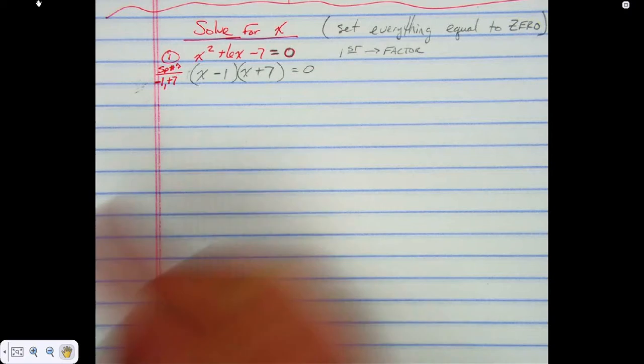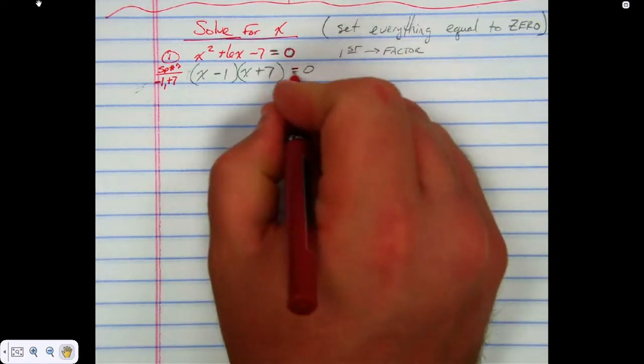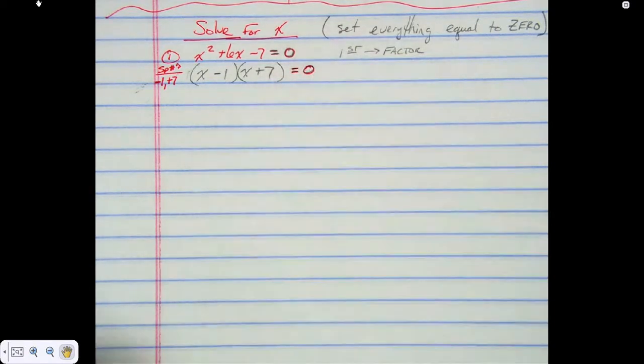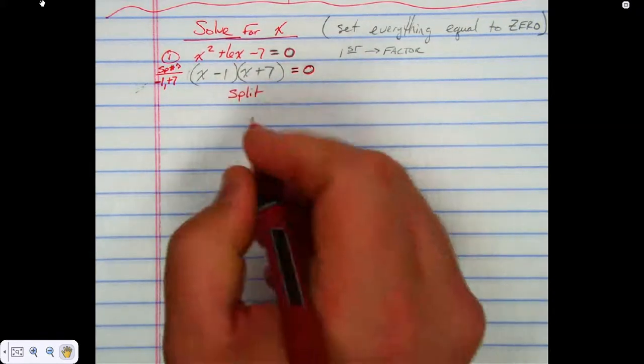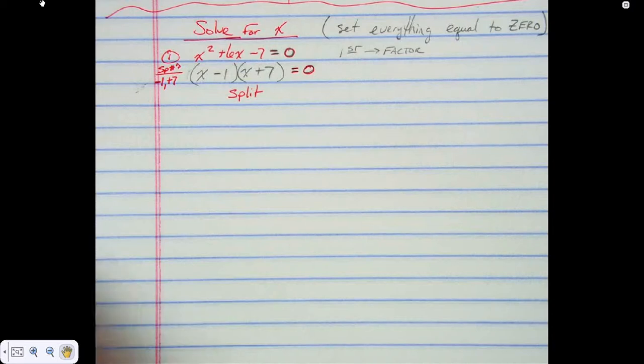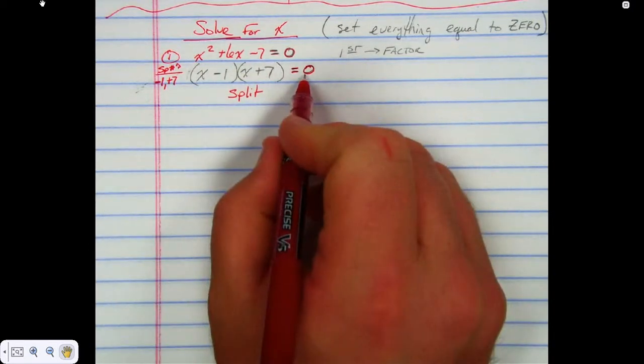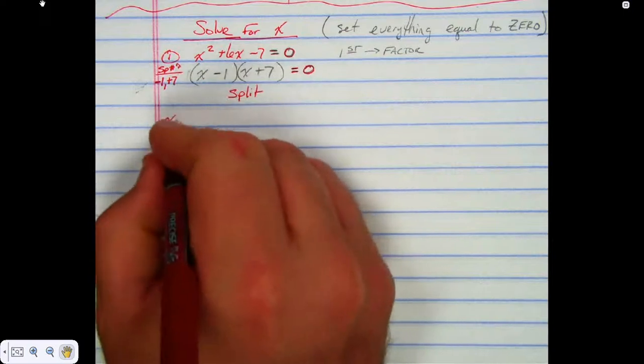So this is the same problem I just did, right? What did we do last time when we had stuff equal to 0 to solve it? What did we do when we factored out a number? You split this into two equations. Whatever's in the front equation, it equals what? 0. So x minus 1 is equal to 0.